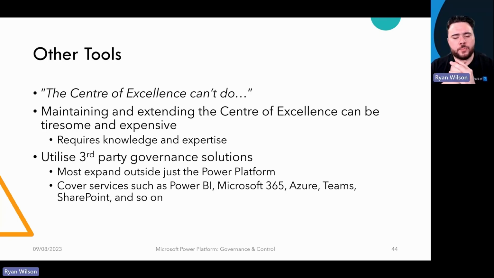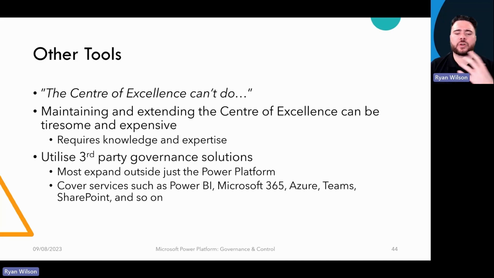Now, you might find as your organization grows that the Center of Excellence Starter Kit can't do this or that. And we don't have the functionality to do this or that. Or, for example, it might take too much expertise and knowledge to extend the Starter Kit from its base starting point.